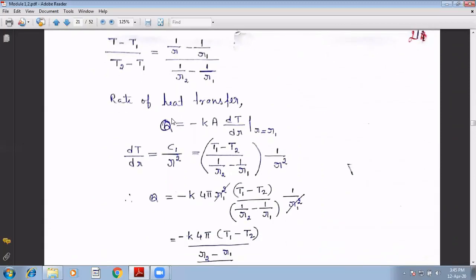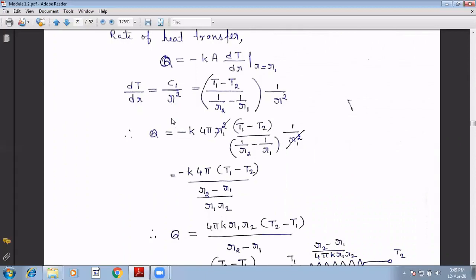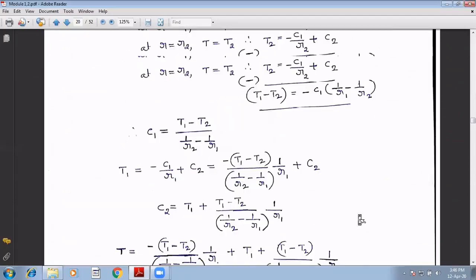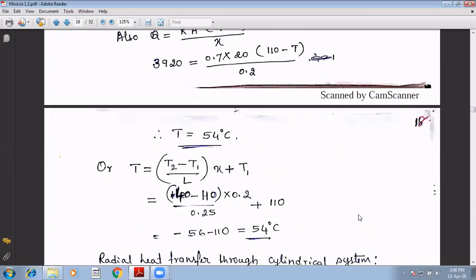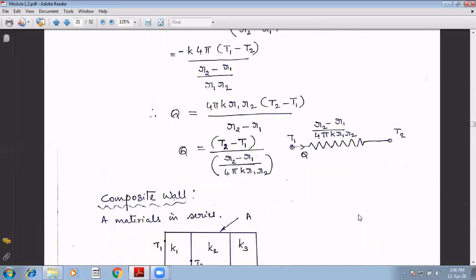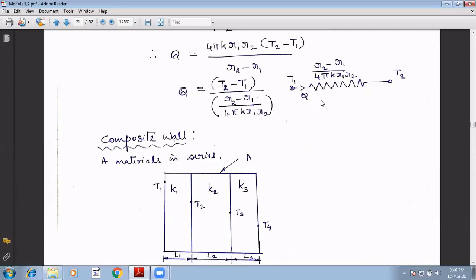If you take the resistance, this term, (r2 minus r1) divided by 4 pi k r1 r2, is the conductive resistance in case of a sphere, where r2 is the external radius of the sphere and r1 is the internal radius of the sphere. I think we have done this in the heat transfer lab.